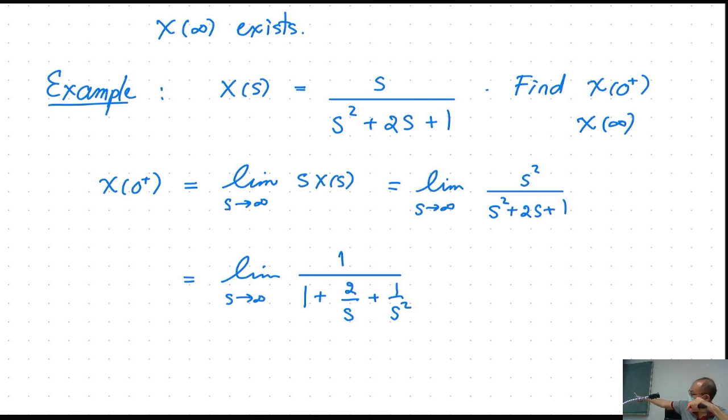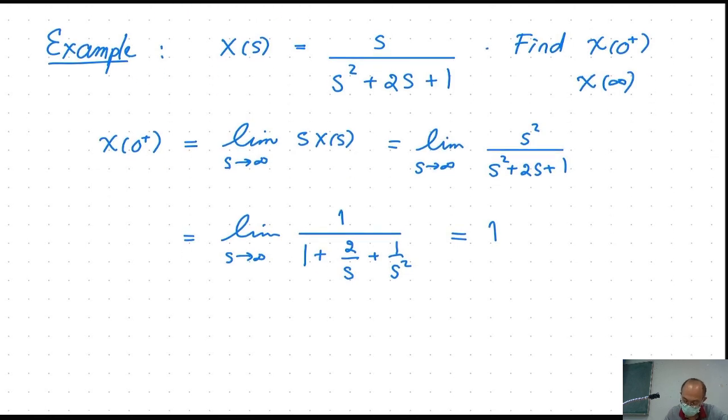And when s goes to infinity, this term goes to 0, and this one too. So we are left with 1 over 1, and that is going to be 1. So the initial value of the signal is 1, just right after time 0.